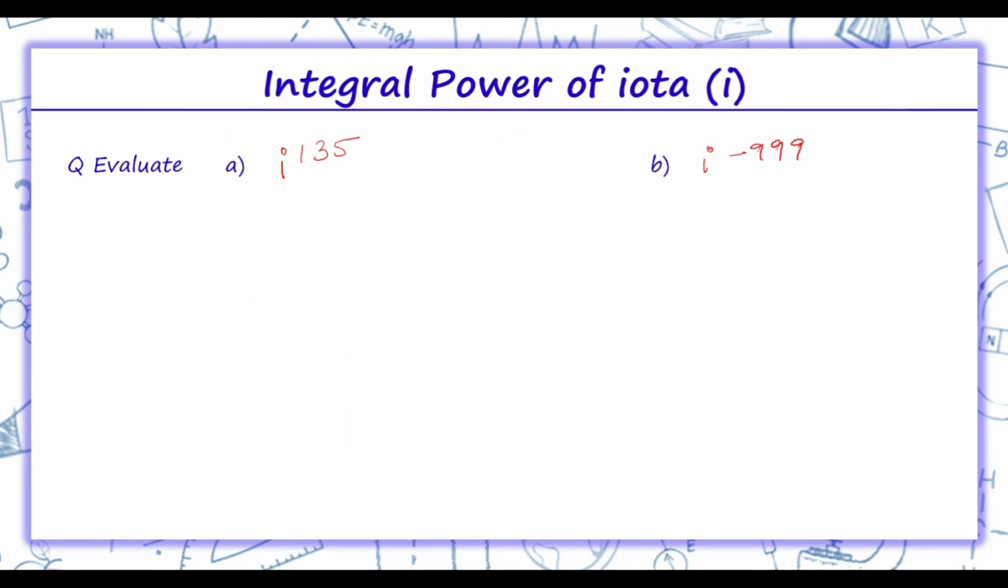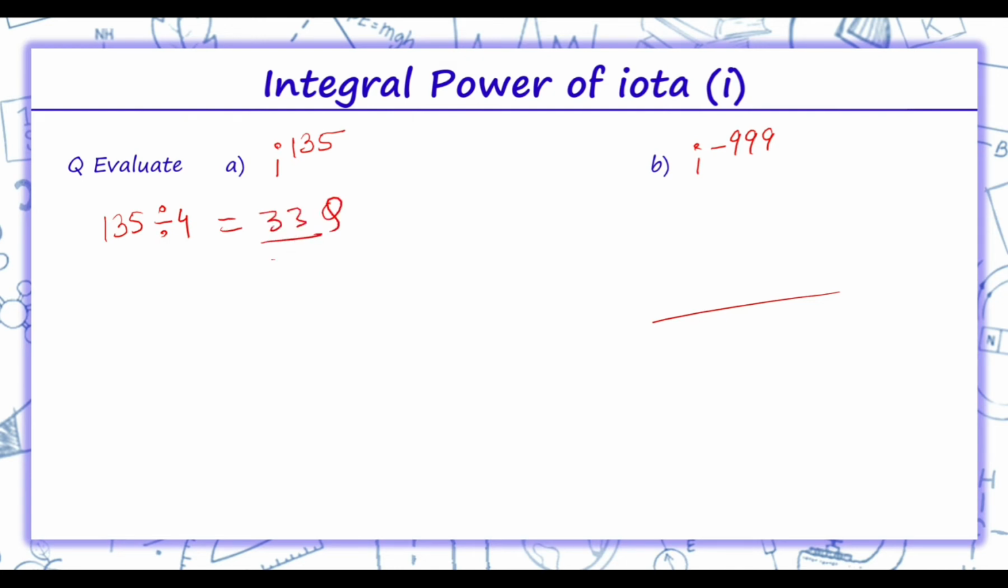Coming on to question, the first question is we have to solve i to the power 135. So i to the power 135, when 135 is divided by 4, we will get 33 as a quotient and we will get 3 as remainder.